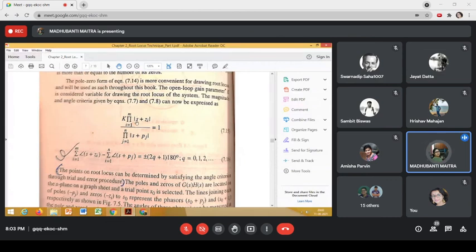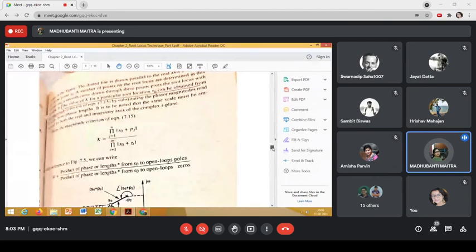Now S0, the trial point, we have assumed to be an on locus point. So k will be this one divided by this one. If we apply the magnitude criterion at S0, then we can find the value of gain k. K is equal to the product over j from 1 to n of phasor lengths of S0 plus pj, divided by the product over i from 1 to m of phasor lengths of S0 plus zi.